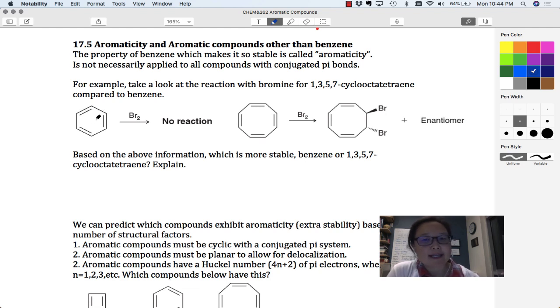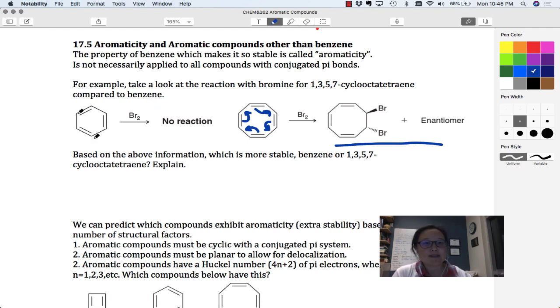We saw in chapter 16 that you could have conjugated dienes, but they're going to have different reactions when you're even more conjugated. When we see a molecule like this, you might think, well, what's the difference? You're adding a couple more carbons, but you also have conjugation here, so isn't this sort of like benzene? But you can see that there's actually a reaction in this case. So something's telling us that this is more reactive than benzene is. Just having conjugation doesn't mean that you're necessarily aromatic.